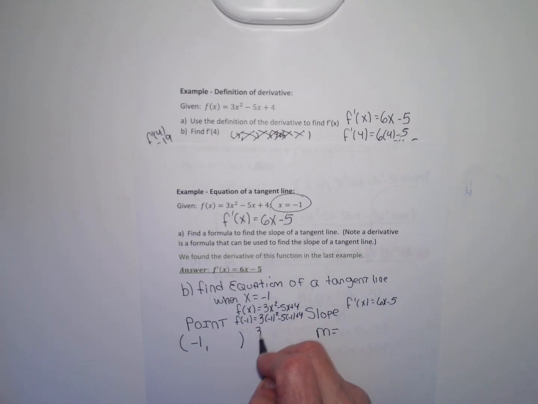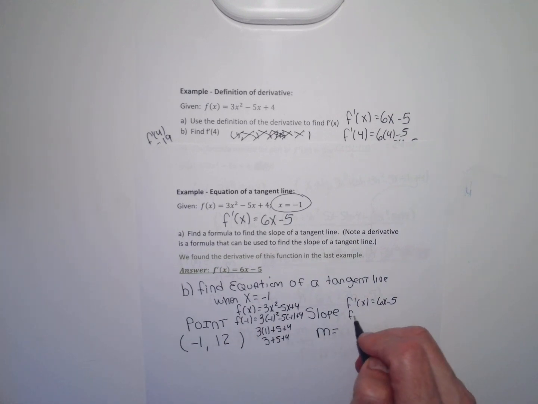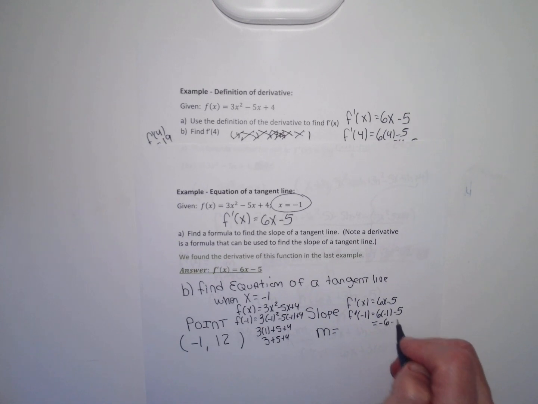This is going to be 3 times 1 plus 5 plus 4. This is 3 plus 5 plus 4. The y coordinate of my point is 12. The slope of the tangent line when x is -1, I just take the -1, which is a value of x that's given, and plug it into the derivative. And I get -6 minus 5, which is -11.